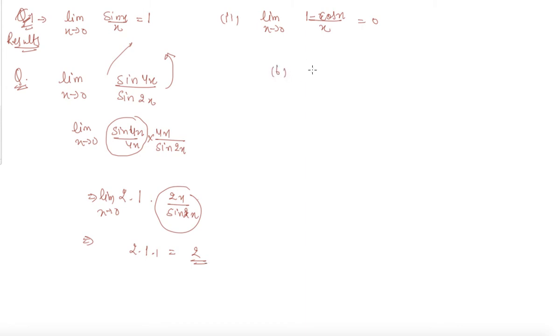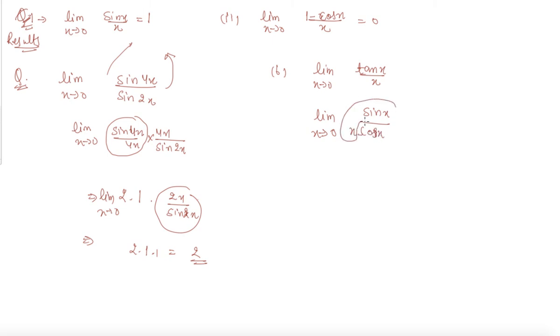Now part B of this question is limit x tends to 0 of tan x by x. This is also a standard result that you can use from now onwards. Now I will tell you how to find the limit for this function. I can write tan x equals sin x by cos x, and this is into 1 by x.